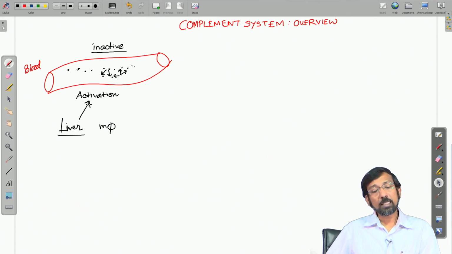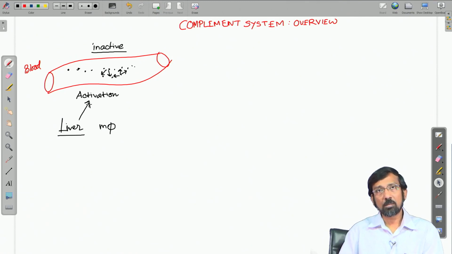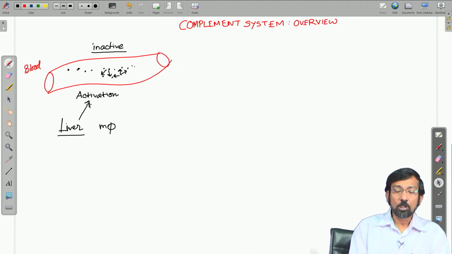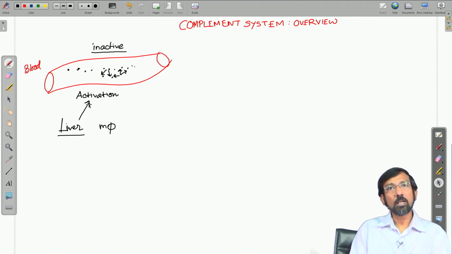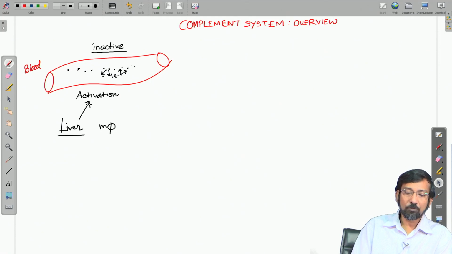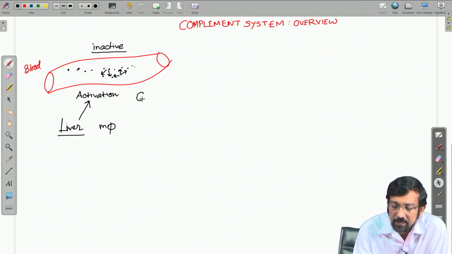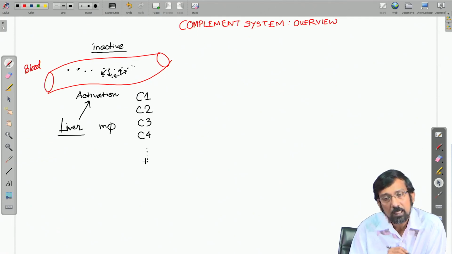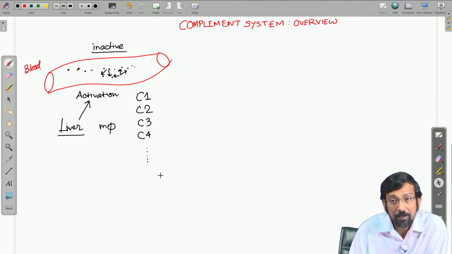Just to understand the nomenclature, these complement proteins are named C1, C2, C3, C4 and so on, and they have cleaved products.